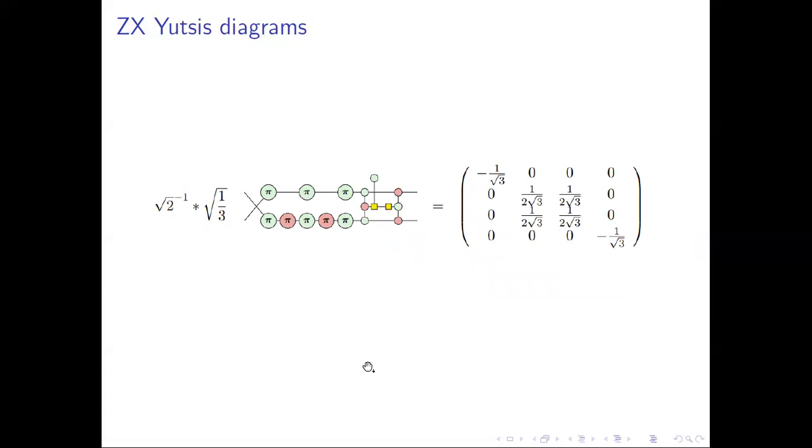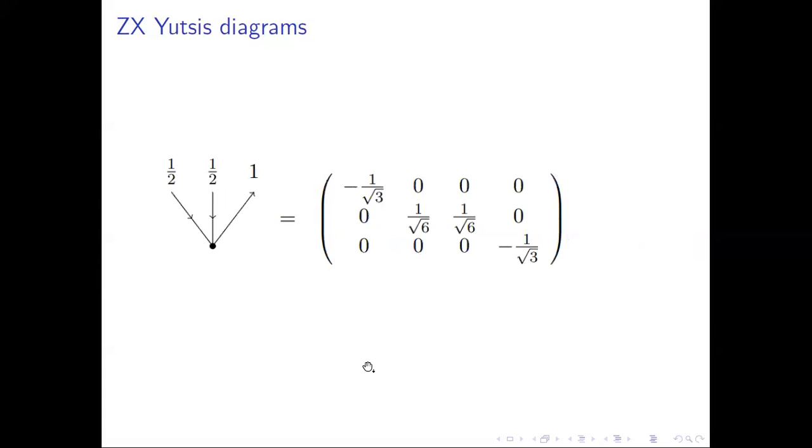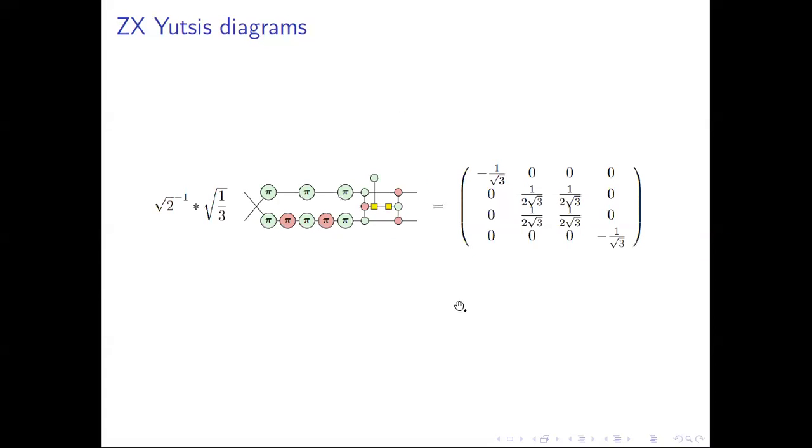Okay, so here's an example of exactly that diagram before. So again, we've got 2 halves here coming in and a 1 coming out. As a ZX diagram, it looks like this. Now, you will notice immediately, this is too big as a matrix. The reason is that when we look at this in a qubit basis, the spin 1 space has repeated elements. If you think about spin 1 written in qubit terms, you have the 0, 0, you have the 1, 1.